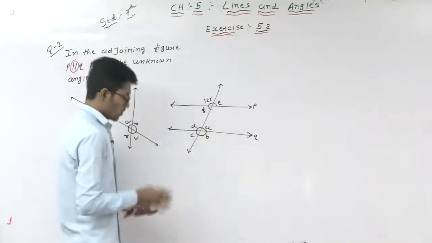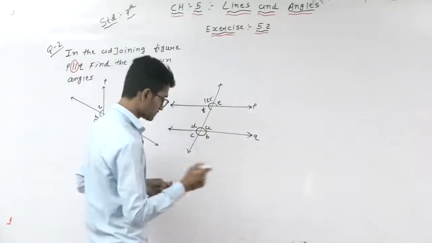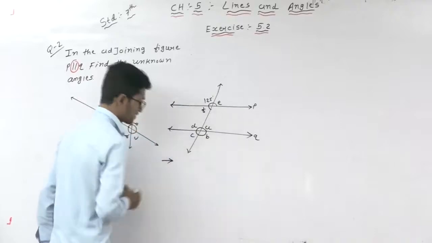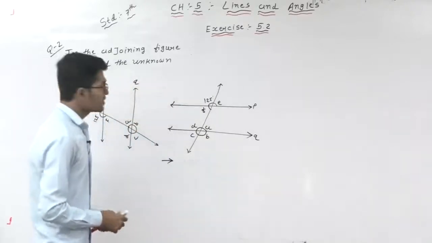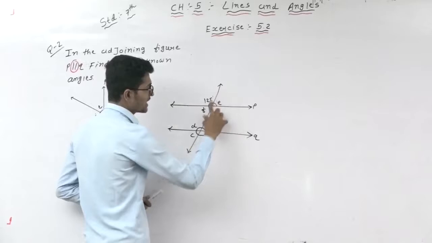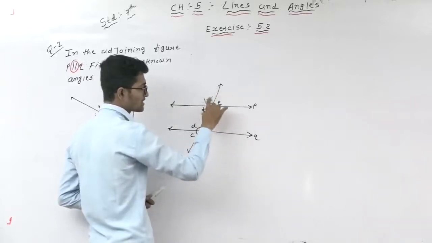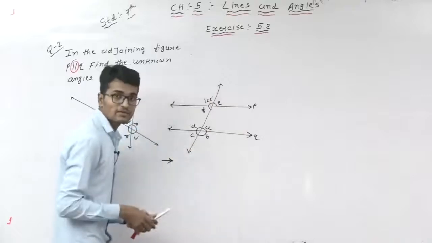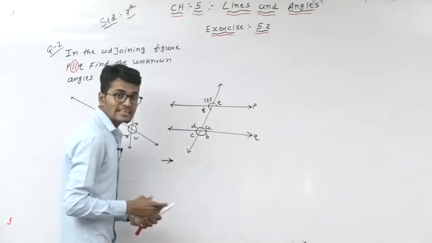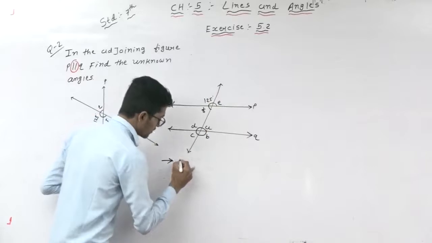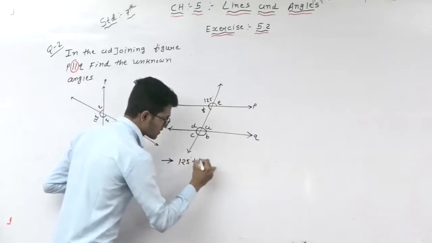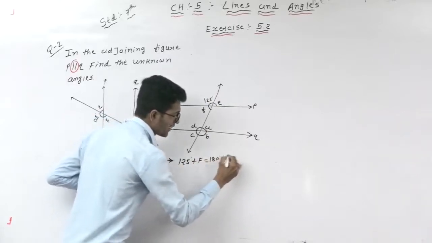Right? So first of all we will find our first answer. Dear students, here is one straight line, divided into two parts. It means these two are a linear pair. So 125 plus F is equal to 180. Why?